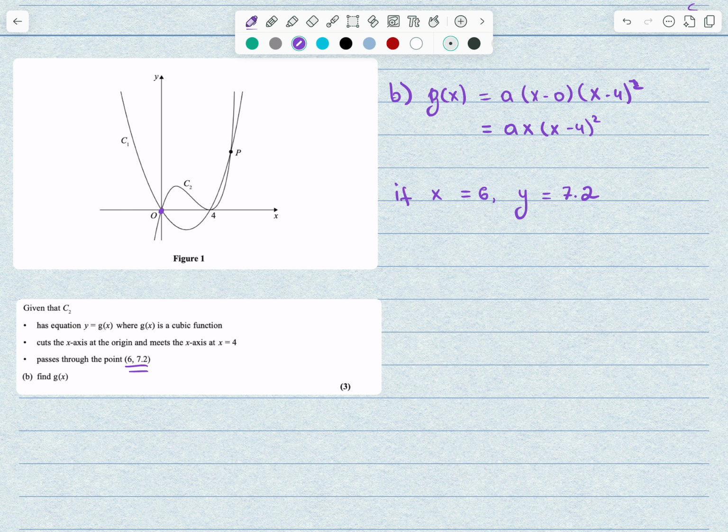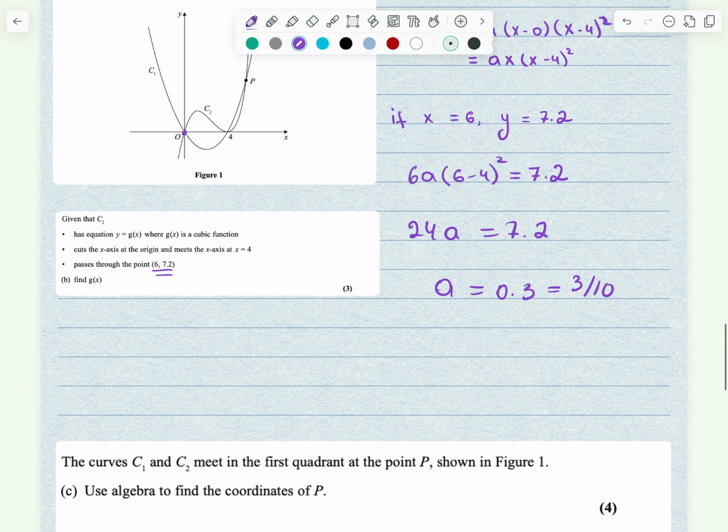So if x is 6, that means 6a multiplied by 6 minus 4 squared is equal to 7.2. 6 minus 4 is 2, 2 squared is 4, that means 24a is equal to 7.2. So a is going to be 7.2 divided by 24, that gives us 0.3, or you can say 3 divided by 10.